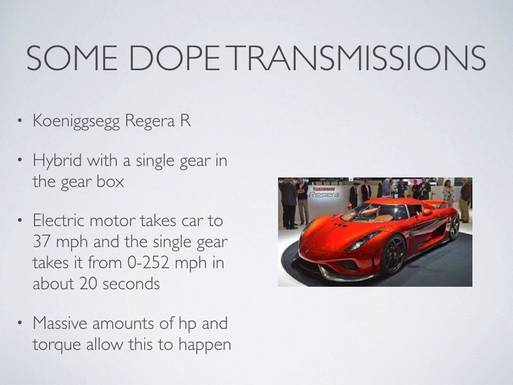It's also a hybrid, so its electric motor takes the car from 0 to 37 miles per hour, and then one gear takes over from there to 252 miles an hour, and that takes place in about 20 seconds. So crazy what can be done. Swedish engineering. Massive amounts of horsepower and torque. It has around 1,500 horsepower and over 1,000 pound-feet of torque, which is insane.